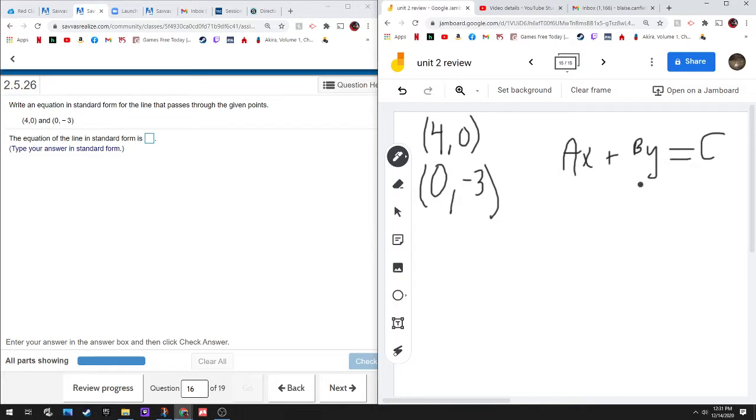So when x is 4, y is 0. Wait a minute, that's an intercept. So I wonder, can we say 4x when x is 0, y is negative 3? Minus 3y?